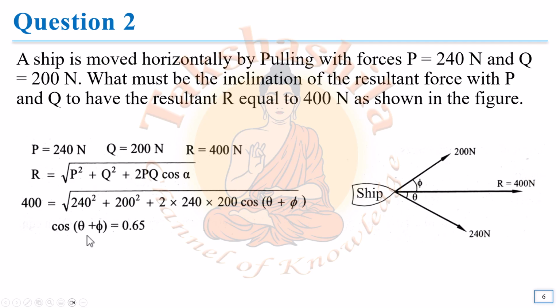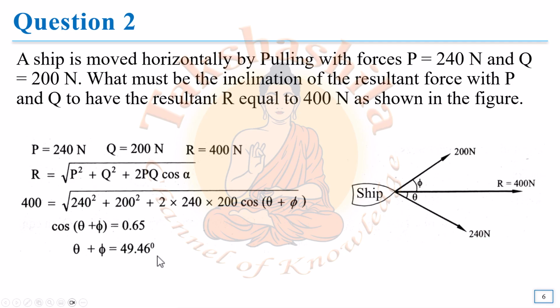Once you simplify, cos of theta plus phi is equal to 0.65. So theta plus phi is equal to cos inverse of 0.65, which comes around 49.46. That means the total angle between 240 and 200 Newton is 49.46.